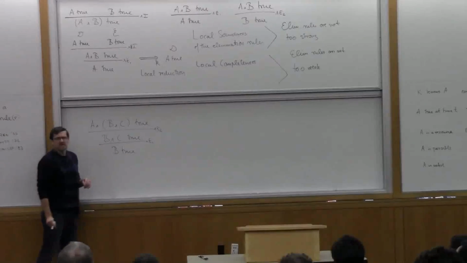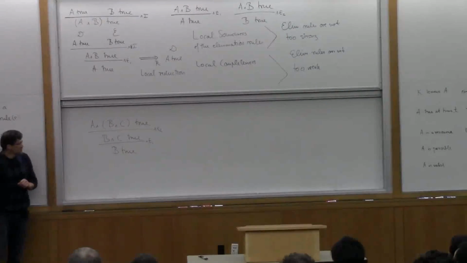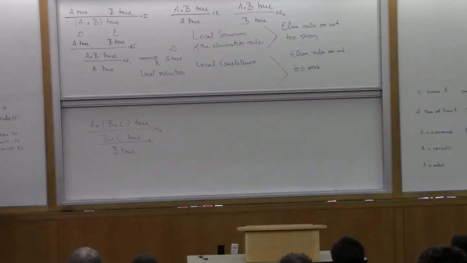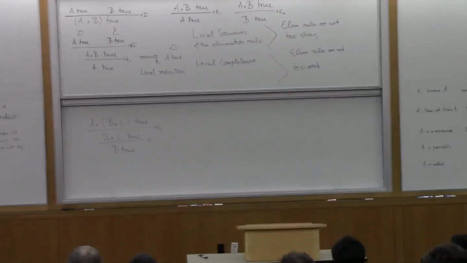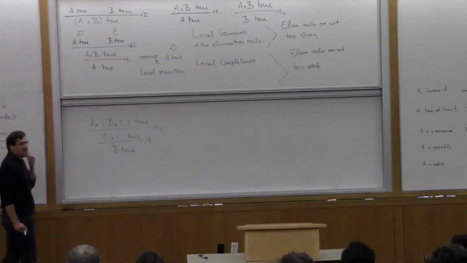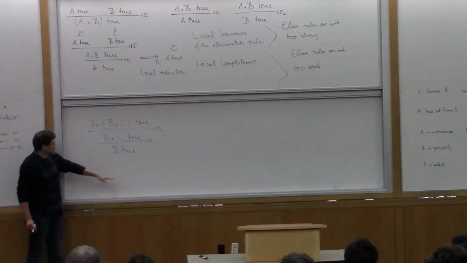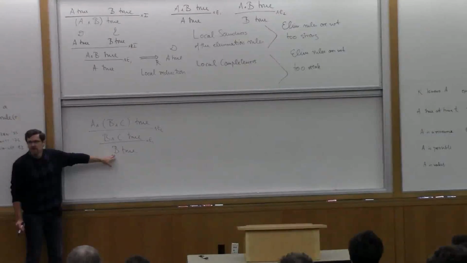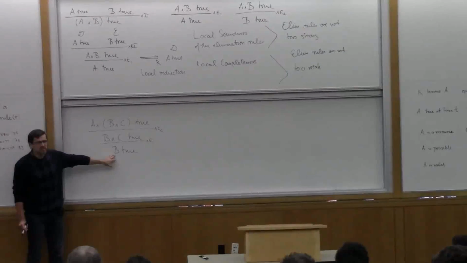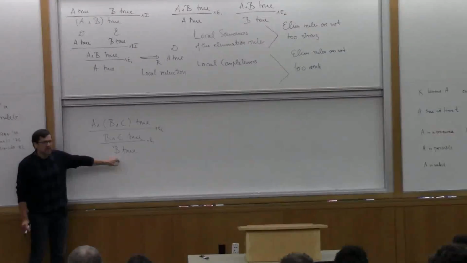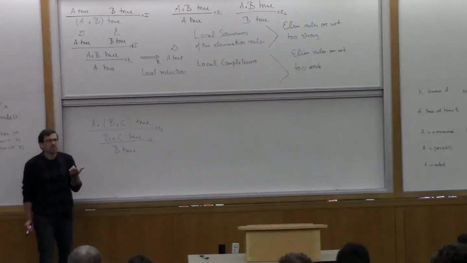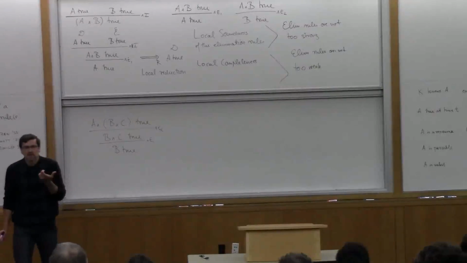So let's think about this. What I've shown you here, what does it actually demonstrate? Anybody want to read out what I've actually shown you here? Is it a proof of B is true? Well, B is true is the last line, but B is an arbitrary proposition, so it couldn't very well be a real proof of B is true, right?